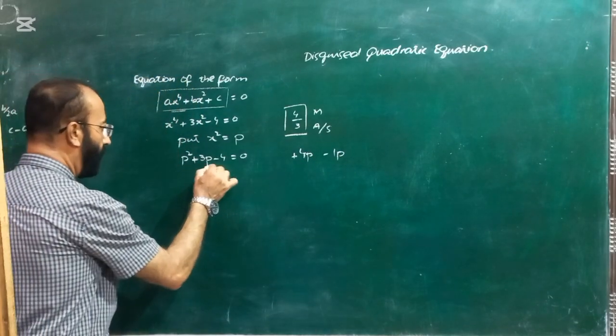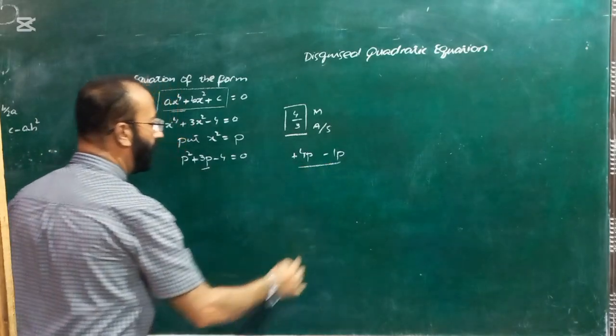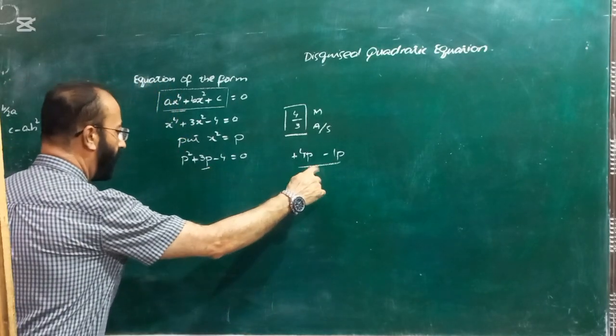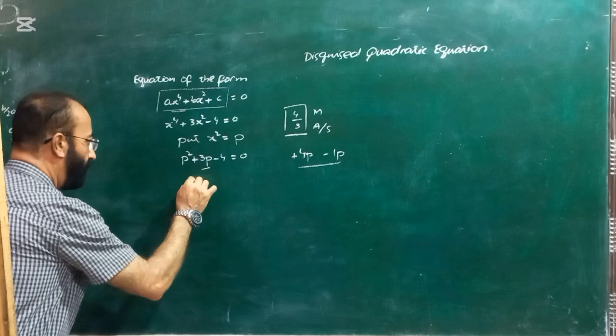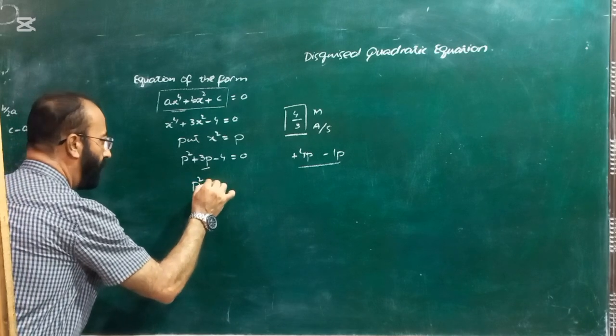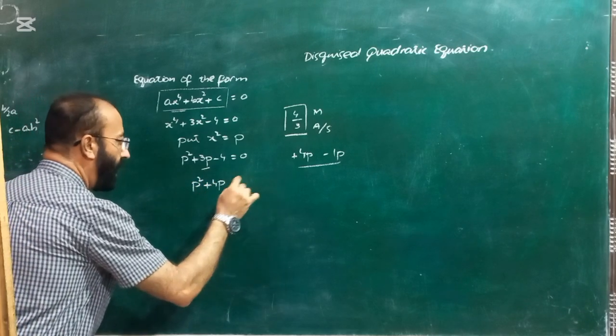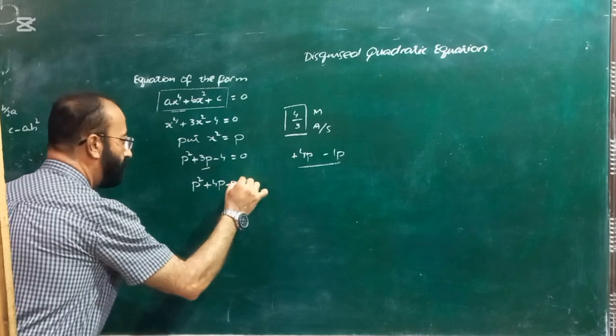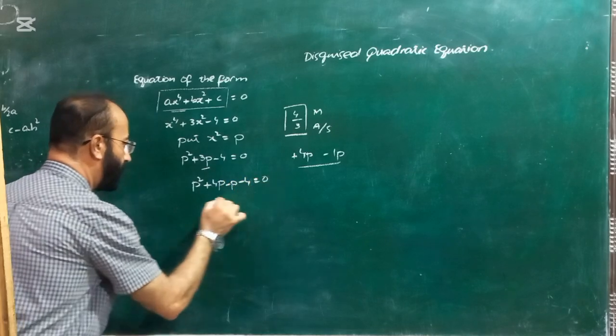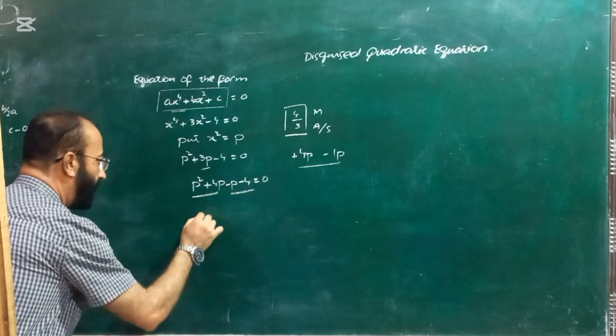Now ignore this value and put this pair in place of it. So it will become p^2 + 4p - p - 4 = 0. At this step, make pairs and take common.